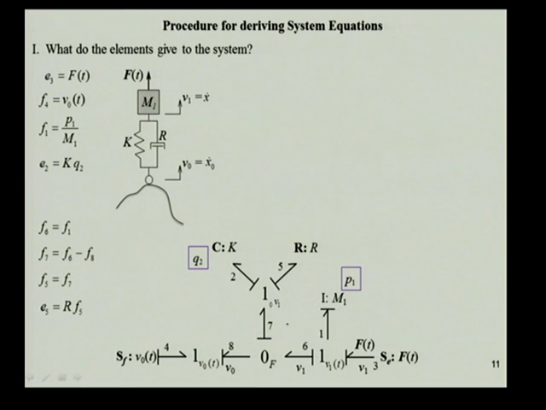And what about flow 8? Information of flow 8 is coming from flow 4. Both flow 1 and flow 4 have been defined here earlier. So flow 1 also is in terms of states and parameters, and flow 4 is also in terms of states and parameters. So you can write this as R into P upon M minus V naught.